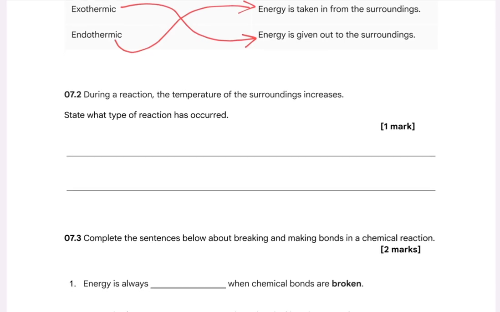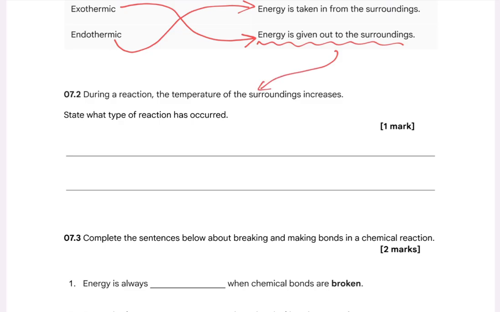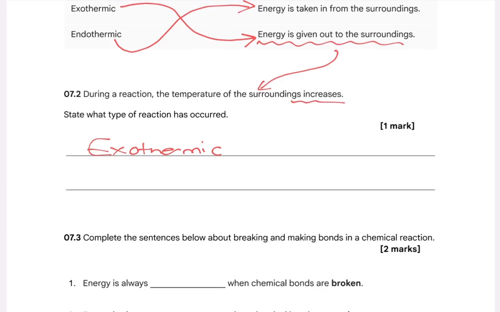So during this reaction, the temperature of the surroundings increases, and so because energy is given out to the surroundings, the temperature increases in this situation, and so the link there, as we've just gone through in the other direction for endothermic, is if the temperature of the surroundings increases, then that reaction has been exothermic.